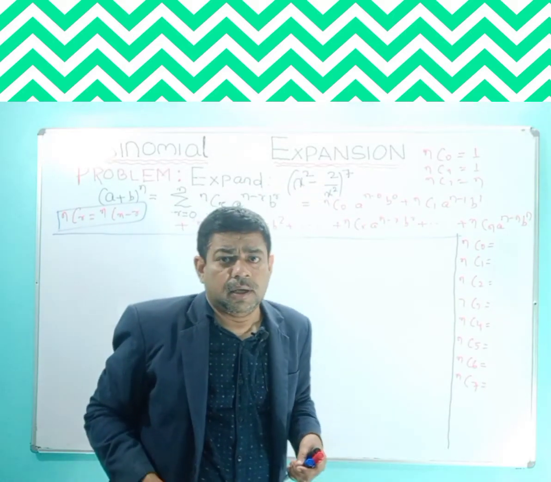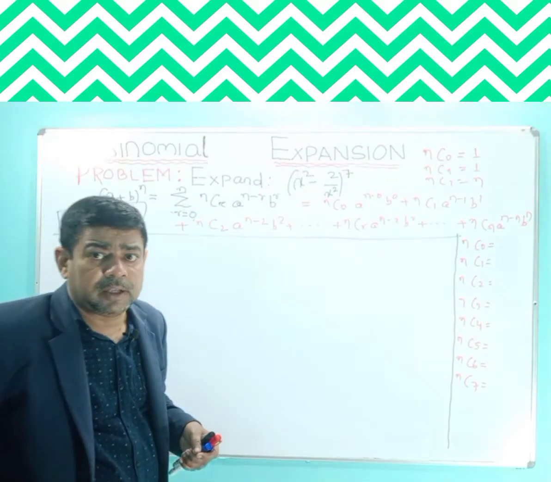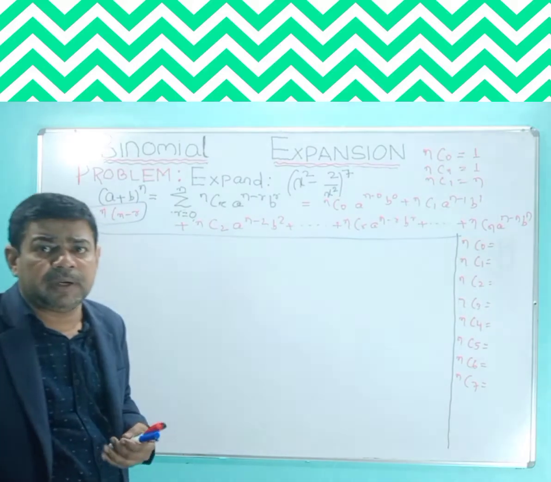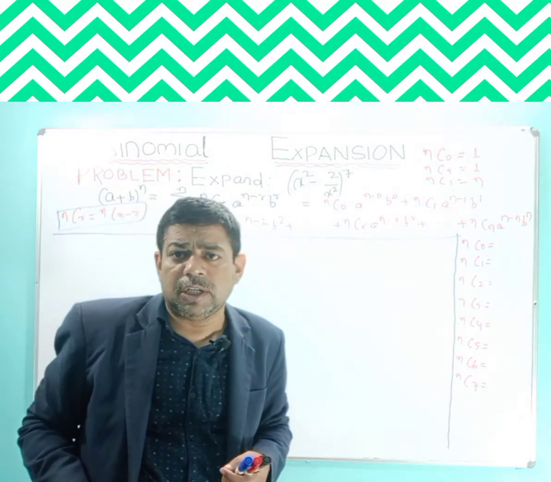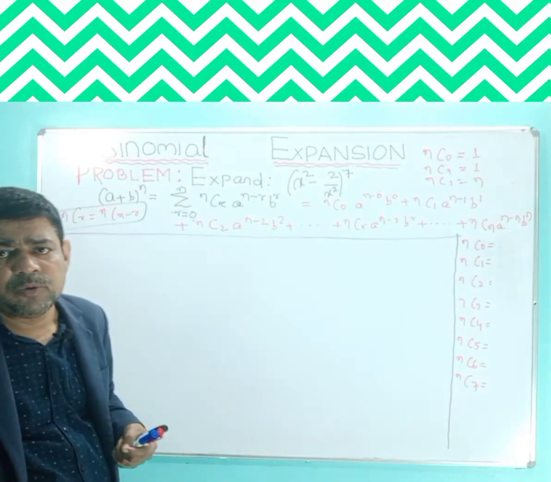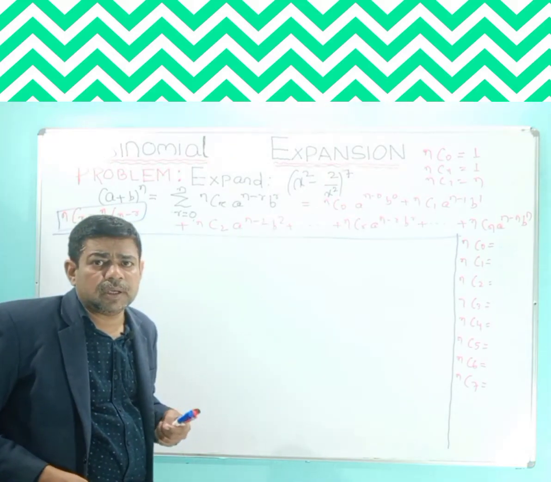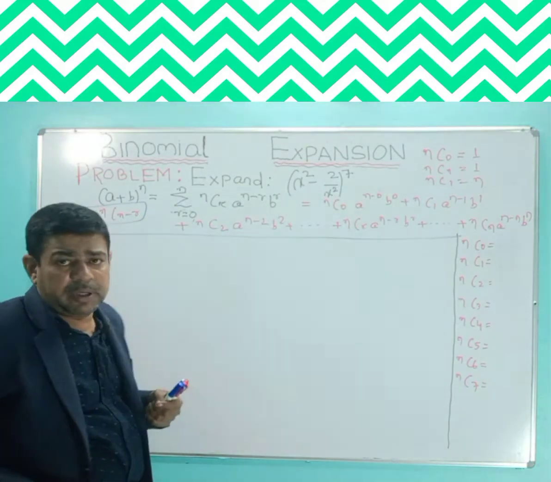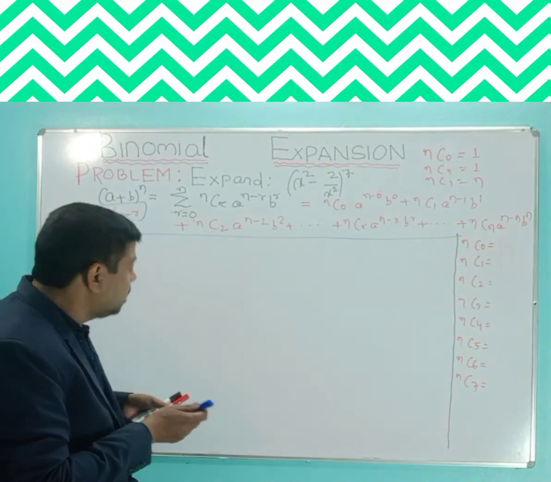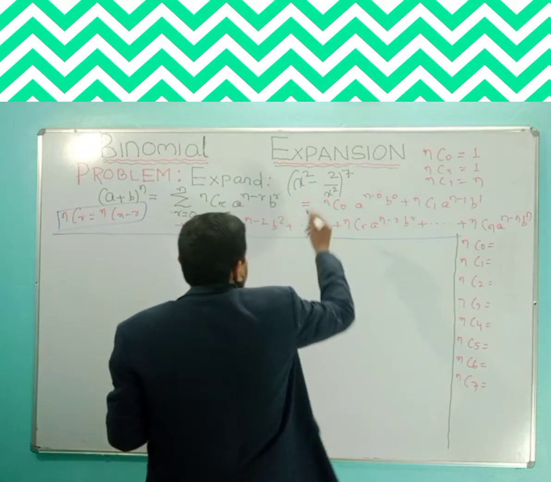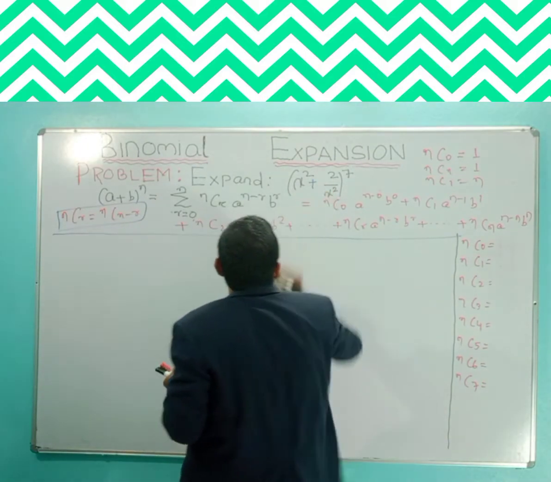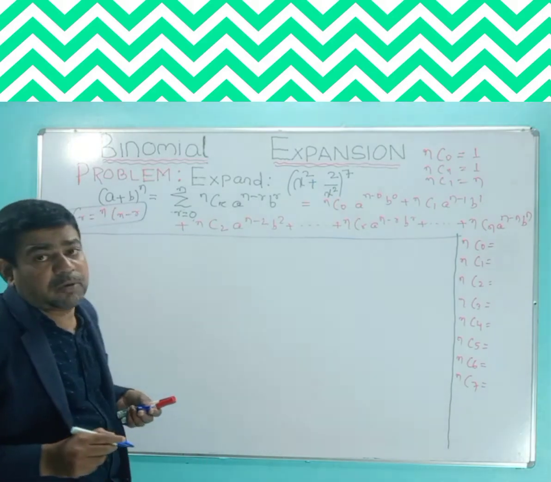Once again, another problem. Here I am going to expand the binomial expression with the help of the binomial theorem, which was given in the previous class as homework. You have already done it, and you can just rectify your answer. Here we have to expand x square plus 2 upon x square whole to the power 7.